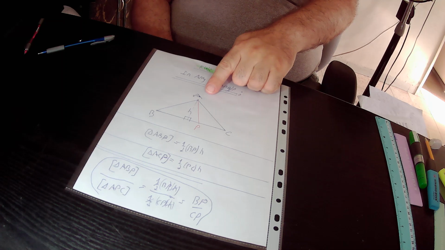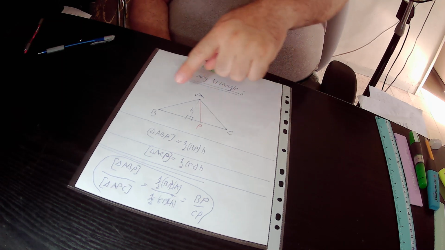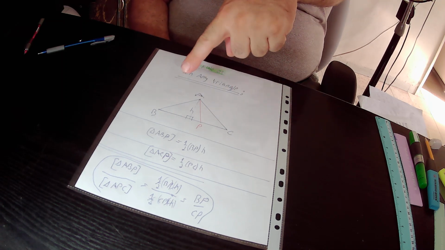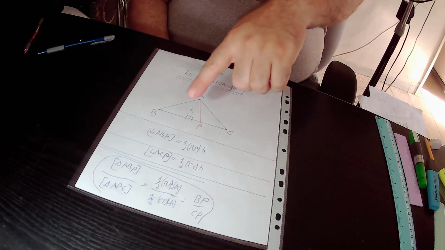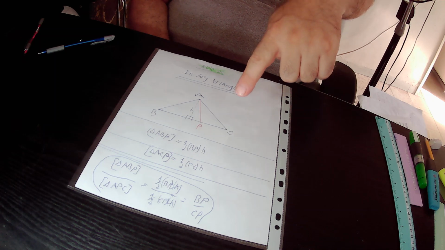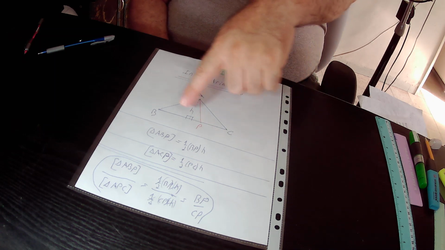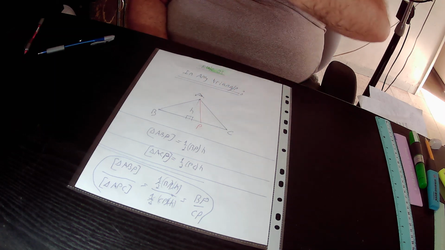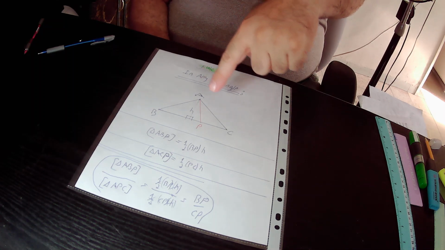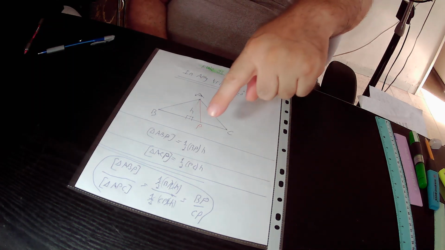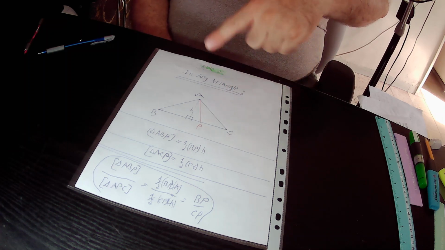The area of triangle ABP is equal to the base, that is BP, times the height, that is H, over 2. Likewise, the area of triangle APC is equal to the base PC times the height, that is H, divided by 2.